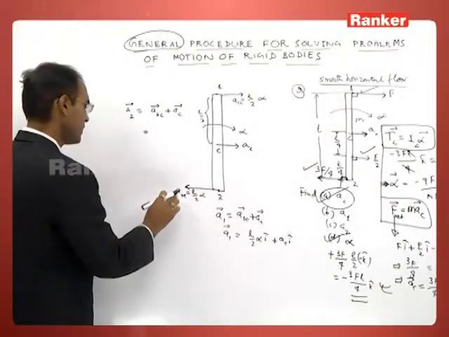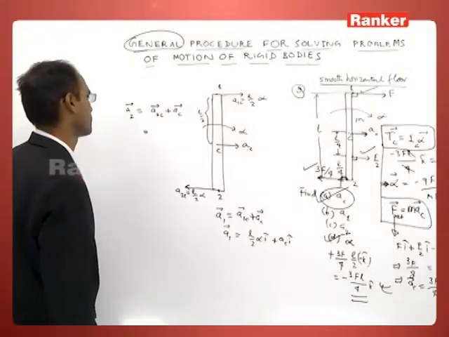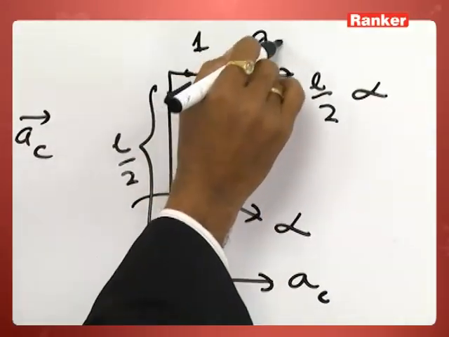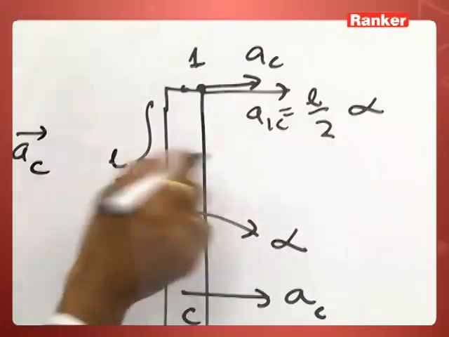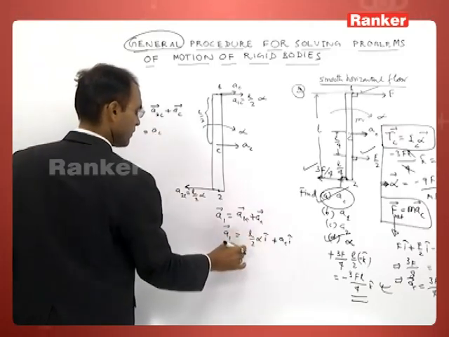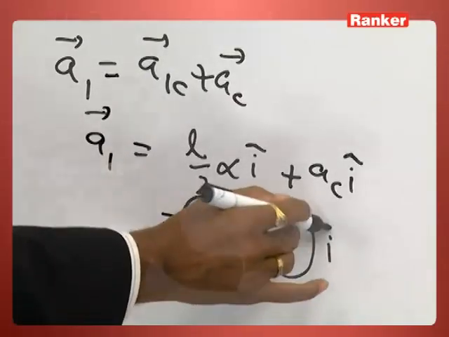As you discussed in the chapter of rotational kinematics, bring the two vectors to this point and the acceleration of this point is equal to AC plus L by 2 alpha i cap.